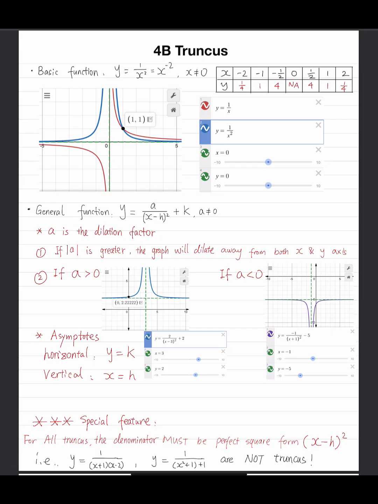Notice here I'm not saying the y-axis, because we all know that after translation, the graph will always correspond to the asymptotes instead of the axes. Now, some students argue that the truncus graph is just the hyperbola graph with the negative part reflected.